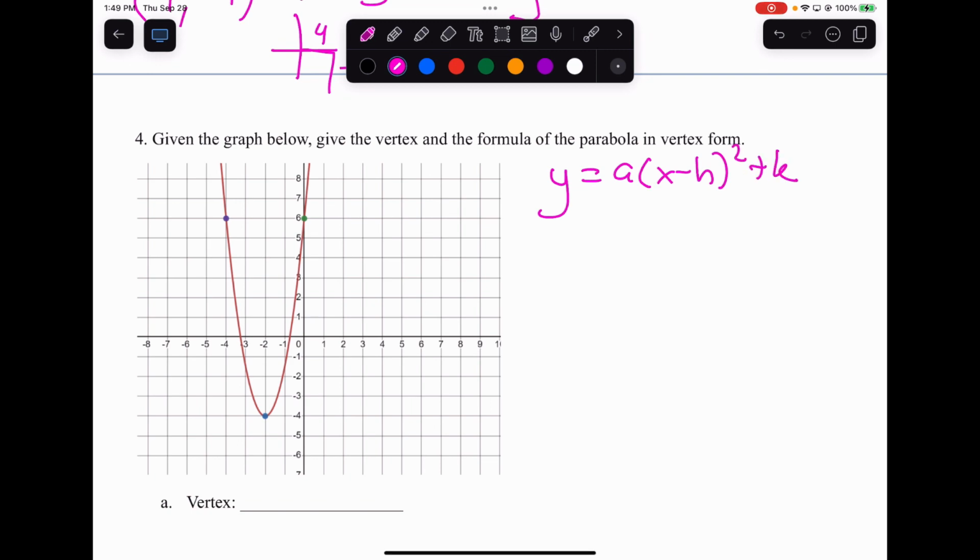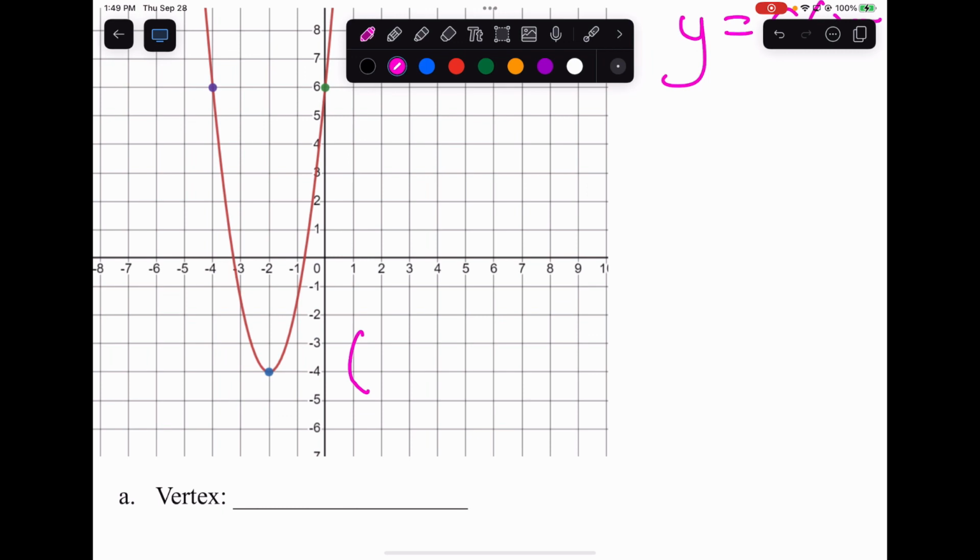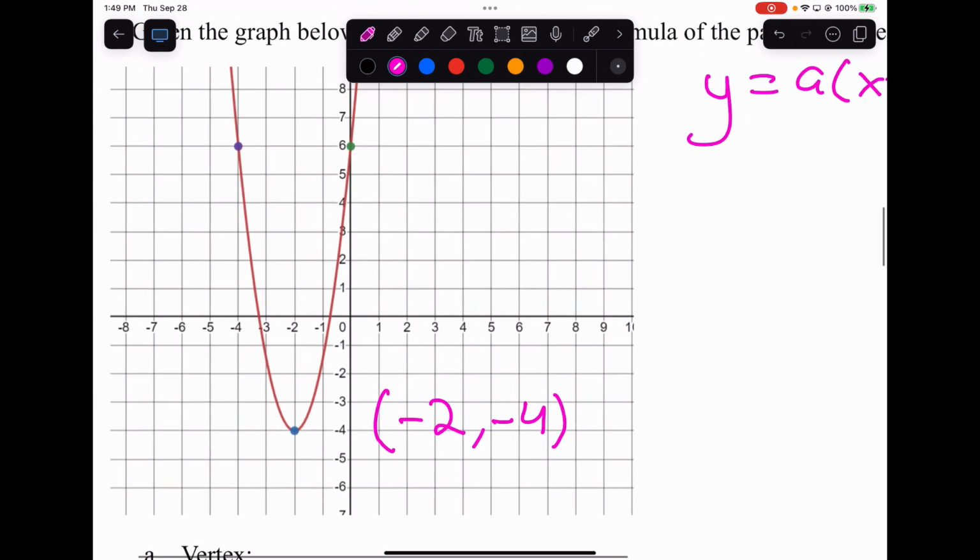You first identify your vertex, which is (-2, -4). Then you can just pick another point to use. These ones are clearly marked. I could either use (0, 6) or (-4, 6). It doesn't matter which one you choose, and if you find other good points, you could use those as well.